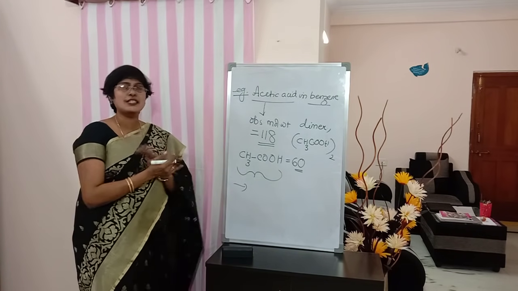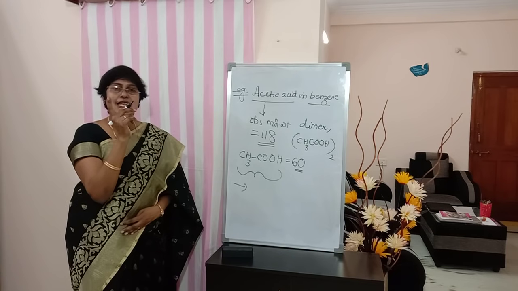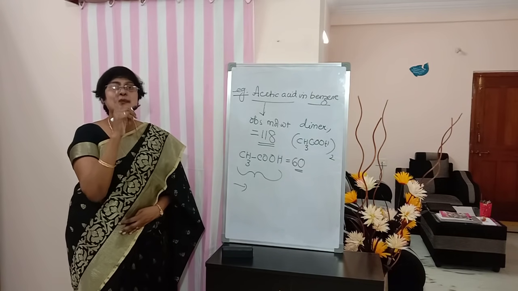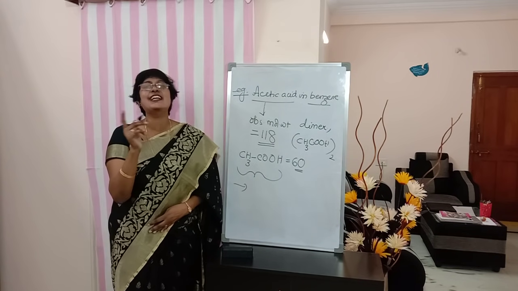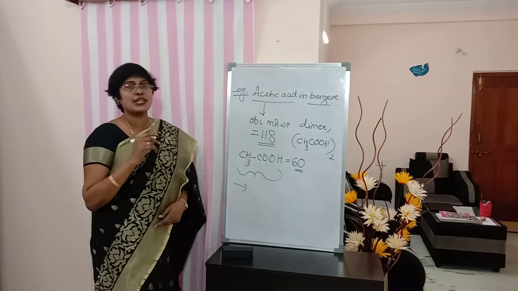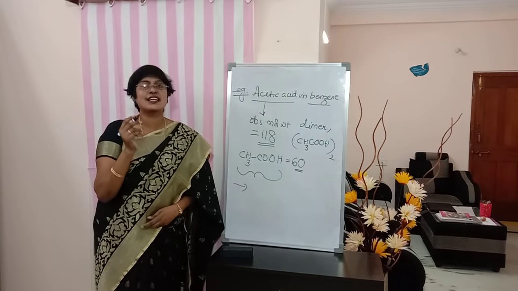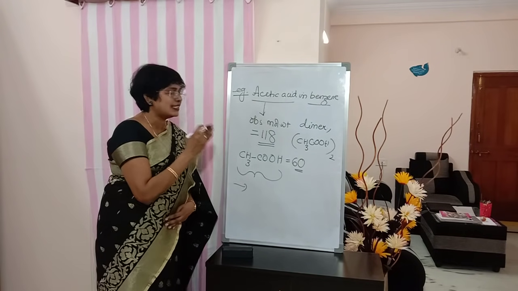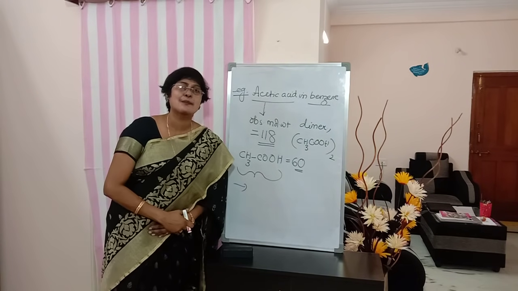So two molecules associate and become one. Originally, if there are two acetic acid molecules, they get associated and become one, like two close friends getting associated. So acetic acid exists as a dimer in benzene, that is (CH3COOH) twice. Understood, students? If you understood this example, those two points, that means you have understood 100% perfectly. Fine.